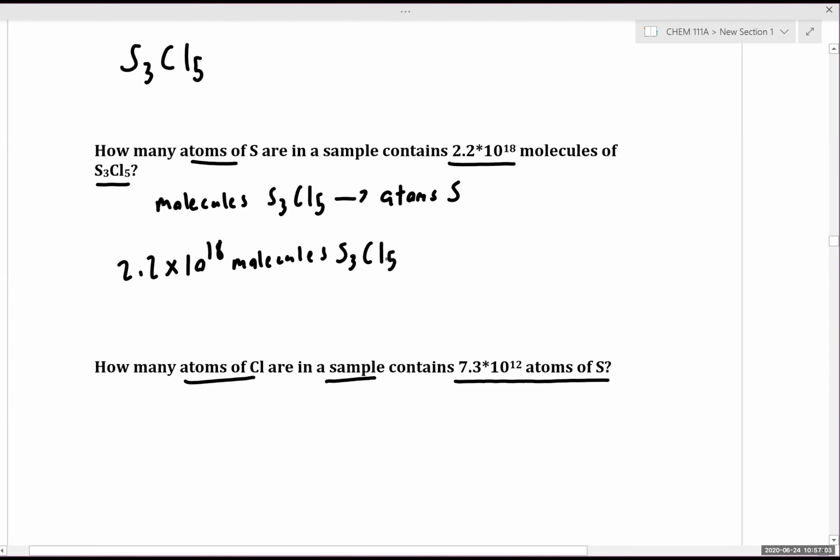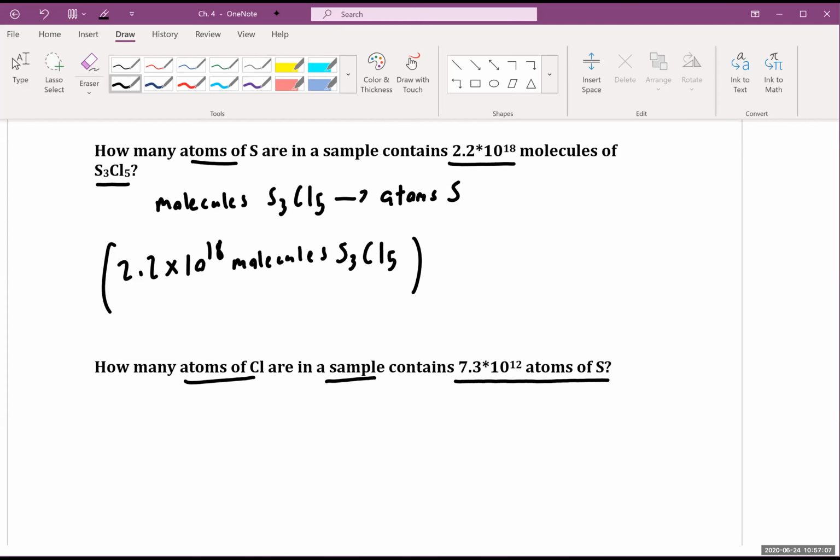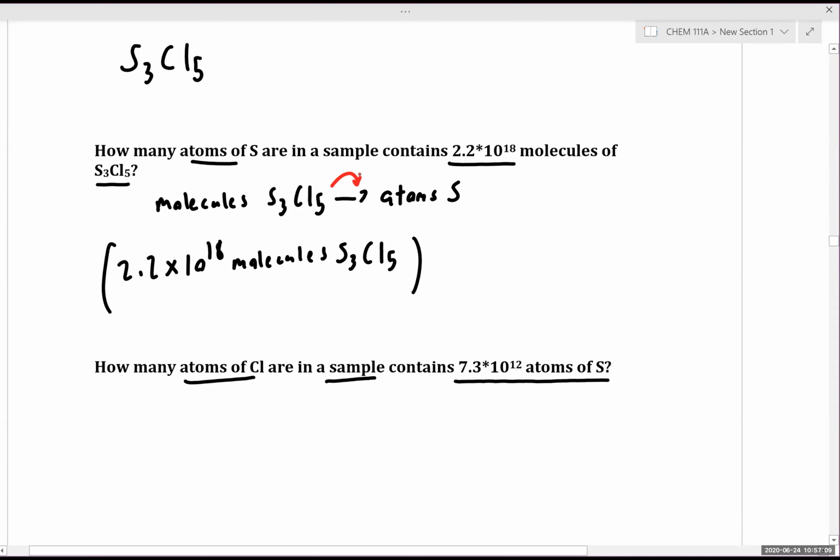molecules of S3Cl5, if we're going from molecules to atoms, what units do we need to have on top? If we're going from molecules of S3Cl5 to atoms of sulfur, what units do I need to have on top? Atoms of sulfur. Yep, exactly right.